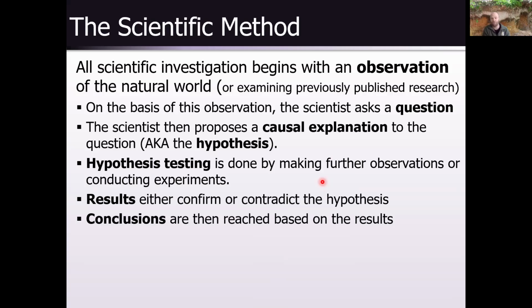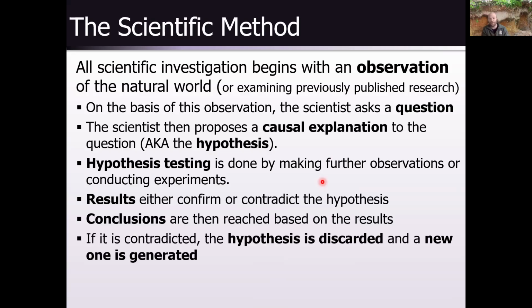You draw conclusions based upon these results, which then leads you to ask new questions if your hypothesis was supported or confirmed, to further knowledge, or if it's discarded, it comes back to observation and re-questioning to restart the scientific method.